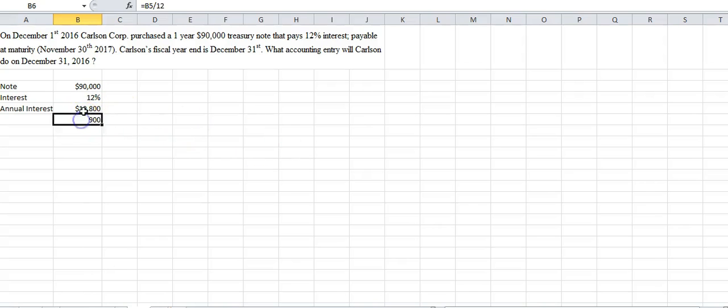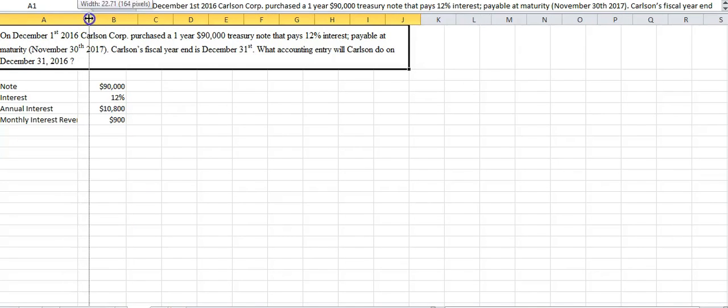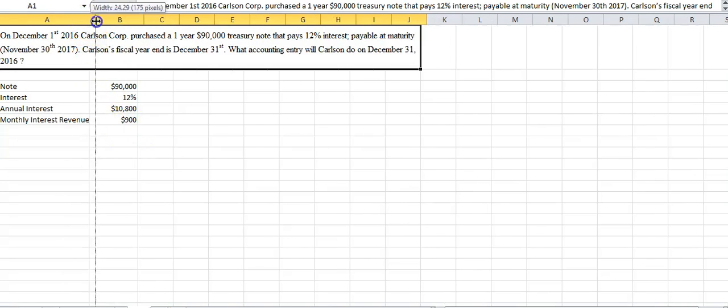So every month you're going to accrue $900 in interest that you've earned, right? And we'll call this monthly interest revenue. Monthly interest revenue. Okay?